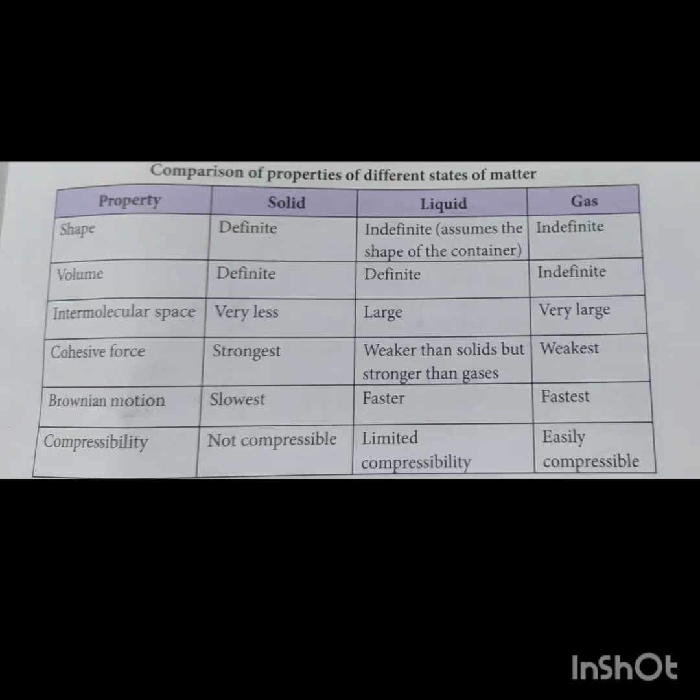Comparison between the properties of the three states of matter: solid, liquid, gas. First, shape. Solids have a definite shape. Liquids have an indefinite shape and gases have an indefinite shape. Second property, volume.